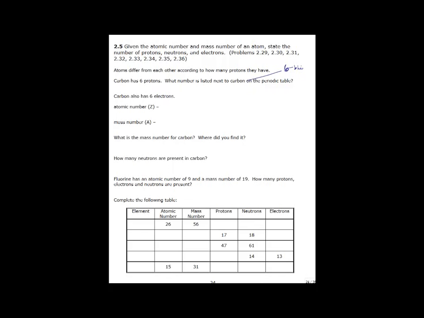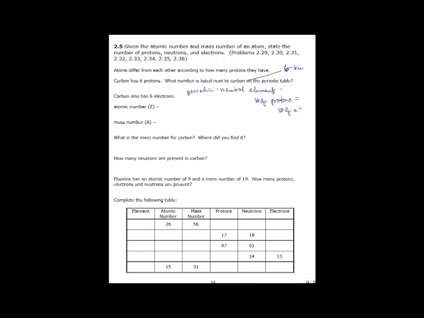Carbon also has 6 electrons. So these are, on the periodic table, neutral elements. So the number of protons equals the number of electrons.